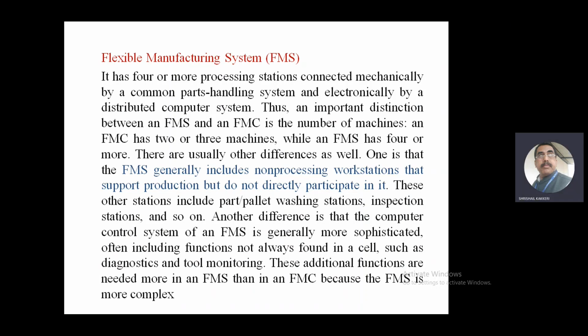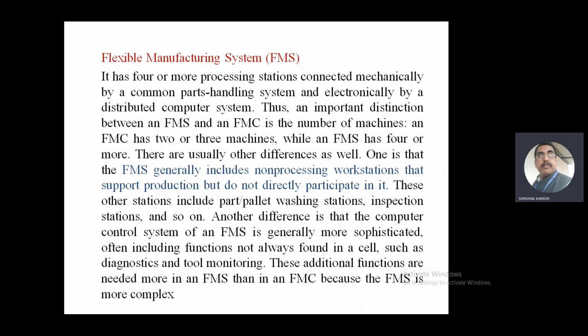I want to do oiling or I want to do greasing. Do a small kind of testing so that we can send it to the next station. But of course, it is also totally automated, but it is not going to do any kind of machining activities. That is called a non-processing workstation. That is the feature of flexible manufacturing system.